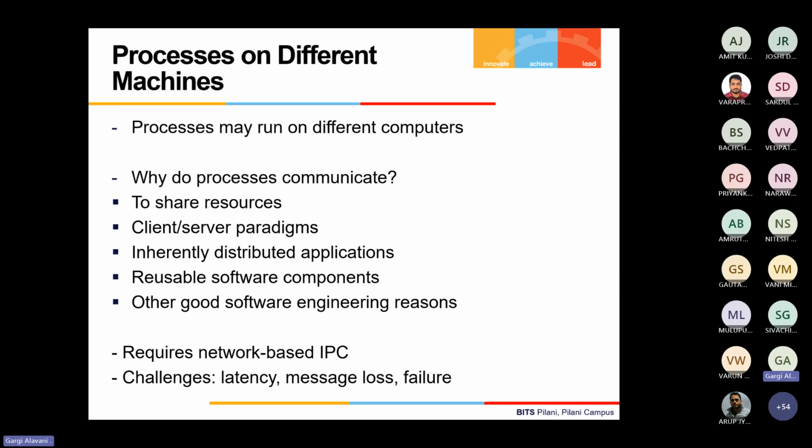Other than that, we can think of reusable software components such as authentication, logging, or even recommendation engines. These are all independent modules that can be used or reused across systems, and they have to communicate. And through this communication, we have the complete application that we see on our systems.